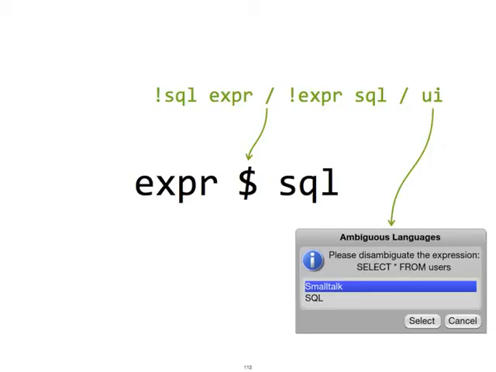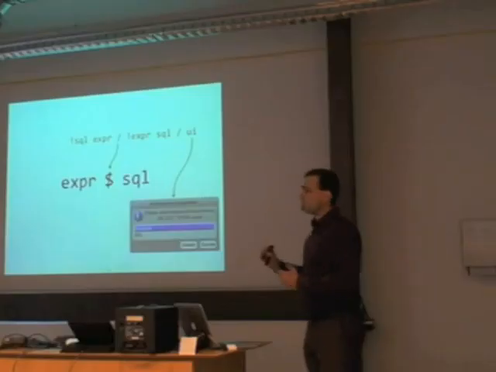So we can pop up a dialog and ask the developer what language extension did you actually mean. In this particular context, your language extension is ambiguous and it's not clear if this is the host language or the SQL language extension that you typed. And then the user can select that, and the parsing can continue on the fly with the right choice.